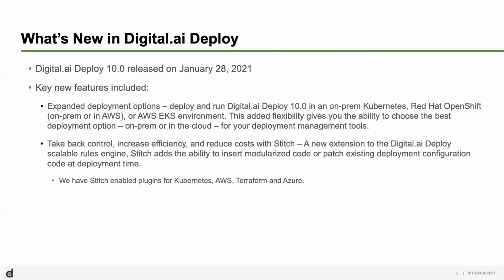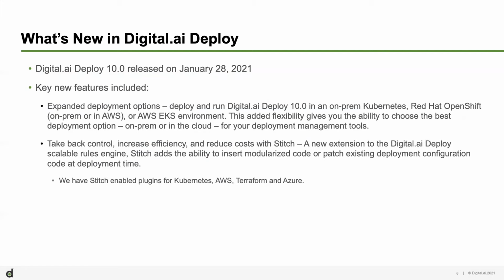So again, you can now deploy Digital.ai Deploy on-prem in an on-prem Kubernetes environment, within a Red Hat OpenShift on-prem environment, or OpenShift within AWS, or in an AWS EKS environment. So again, you can choose the best place to deploy your deployment management tools, whether that's on-prem or in the cloud.